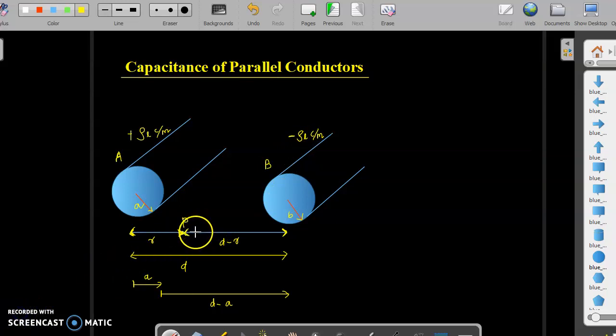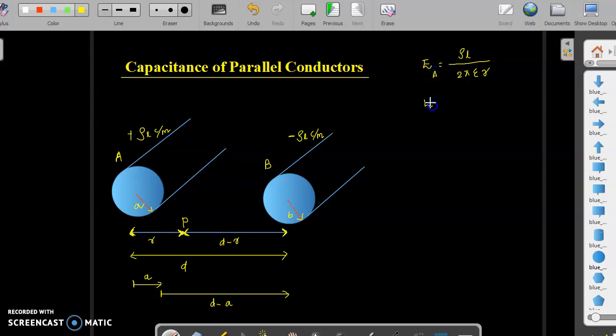Now let us see what the electric field intensity is at point P. It is an arbitrary point anywhere between conductors A and B, r distance from the center of conductor A and d minus r distance from the center of conductor B, and it would be the algebraic sum of the electric field intensity due to conductor A and conductor B. The electric field intensity at any point we can describe with the function E equal to rho, the line charge density, over 2 pi epsilon r. Let us take this as the electric field intensity at point P due to conductor A, EA.